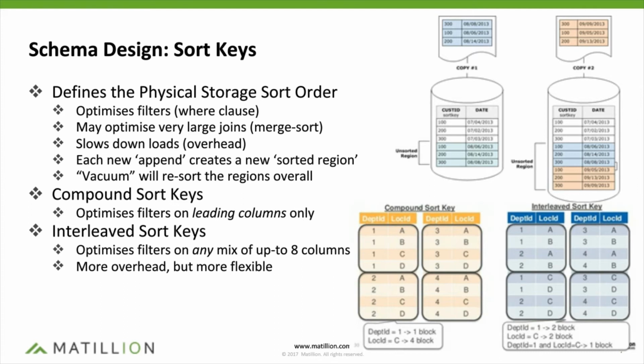And the example underneath shows for different filters how many blocks need to be read. You can see a clear trade-off: the compound sort key can do better in some cases, but can also do worse, whereas the interleaved sort keys provide a benefit with both filters, but it's not quite as good in the best case. And the best thing to do really there is to experiment.